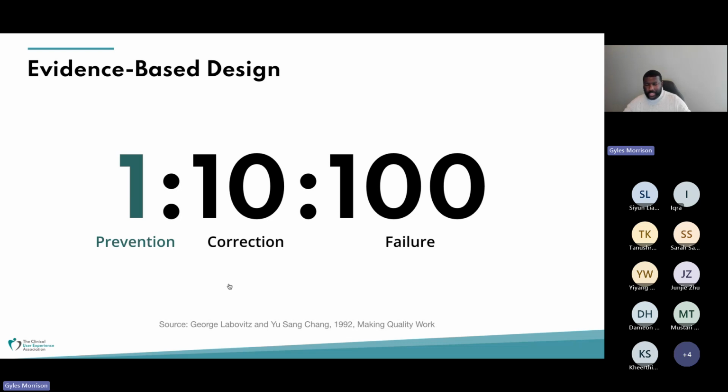Again, it's not an exact science, but generally speaking, and this is true, it is much cheaper, even if you spend a lot of money doing extensive research, that then speeds up the design process.